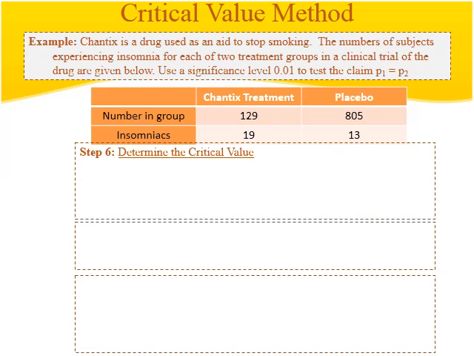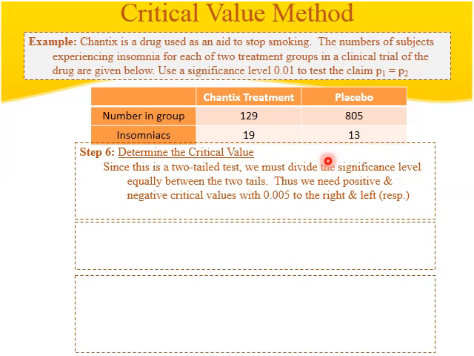So step 6, we're going to determine the critical value. We do this by looking at the significance level, but we have to keep in mind that since this is a two-tailed test, we divide that significance level equally between the two tails. Thus, we need a positive and negative critical value with 0.005 to the right and left, respectively. So in other words, we need a positive critical value that has 0.005 to the right and a negative critical value that has 0.005 to the left.